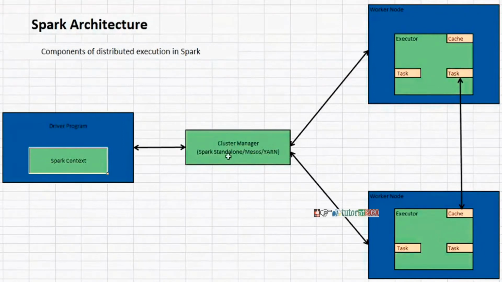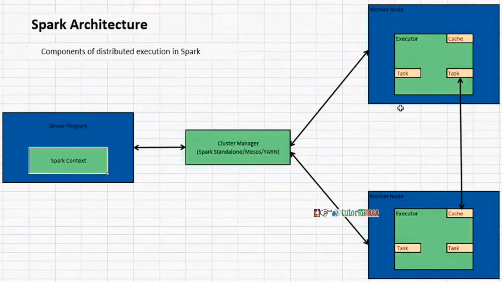It could be a Hadoop cluster. If you are deploying a Spark application on a Hadoop cluster, then Yarn would be the cluster manager. The Spark context object would connect to, for example, Yarn, and request resources to be allocated for this Spark application. The cluster manager will then allocate resources for executing this application on the cluster.